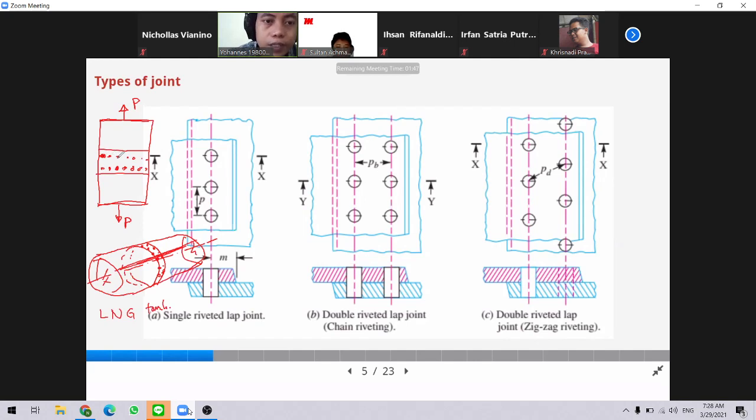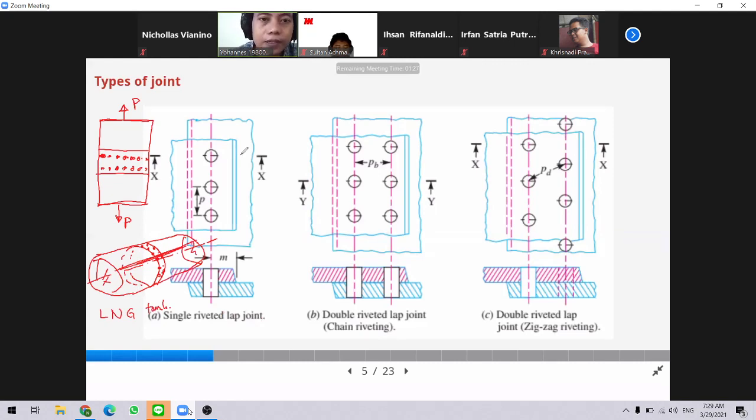The stress in the rivets is assumed equal, homogeneously distributed. So the load is assumed to be homogeneously distributed on each rivet.